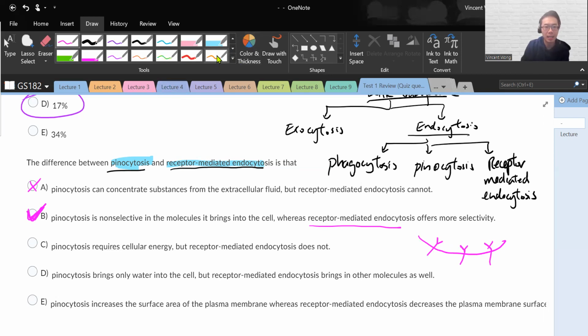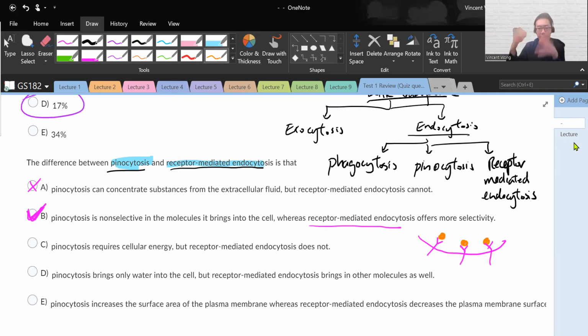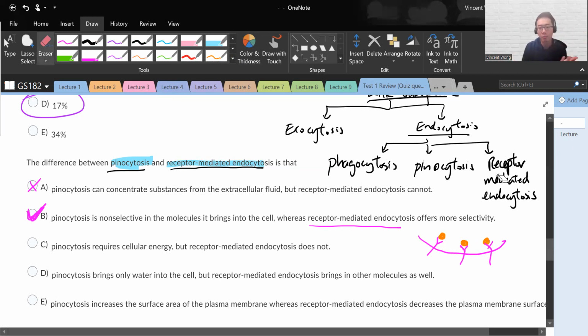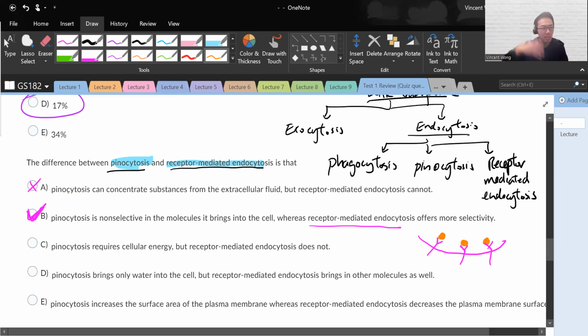And then I think there were some orange circles, right? So you can't just randomly bring them in. They must fit the receptor. If it doesn't fit the receptor, you're not going to bring them in. That's the whole point of receptor-mediated endocytosis. It offers some kind of selectivity. Okay? It allows you to choose what to bring in. Whereas pinocytosis, you just bring in liquid without being too picky about it. Okay?